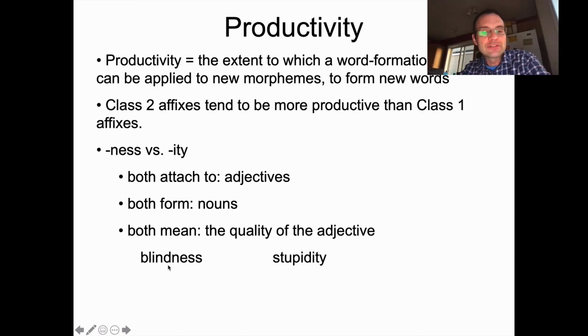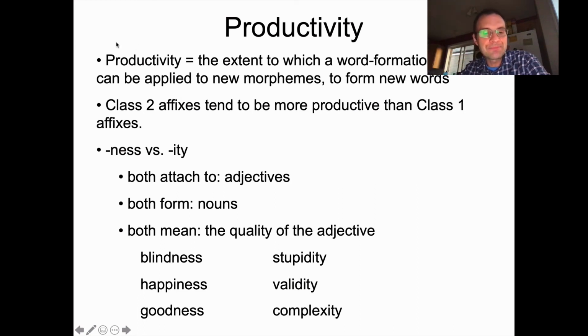So you can have somebody who's blind, and then the quality of that is blindness. Or you can have somebody who's stupid, hopefully not, but when you add ity to it, that means the quality of being stupid. Happy can also go to happiness, or valid goes to validity. You notice in both of these there's a stress shift from the first to the second syllable when you add ity to it, or goodness and complexity, and so on and so forth.